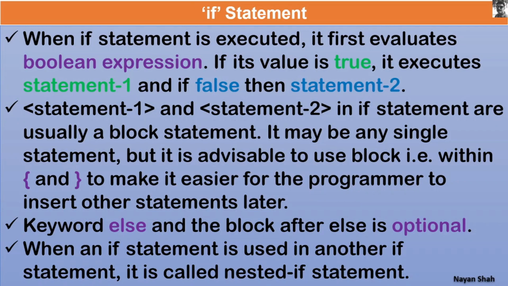If that value is true, it will execute statement 1, and if false, then statement 2. Statement 1 and statement 2 in an if statement are usually a block statement, that means a block of many statements, more than one statement. It may be any single statement also.